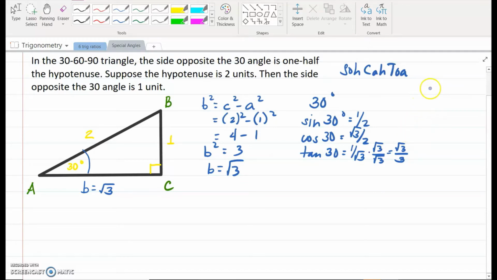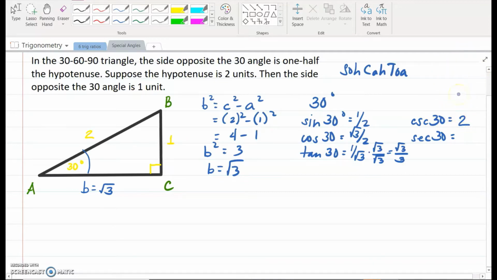Let us have now the reciprocals. So we have cosecant 30. So since sine 30 is 1/2, cosecant 30 will be 2/1, or simply 2. Next, we have secant 30. It is 2/square root of 3.